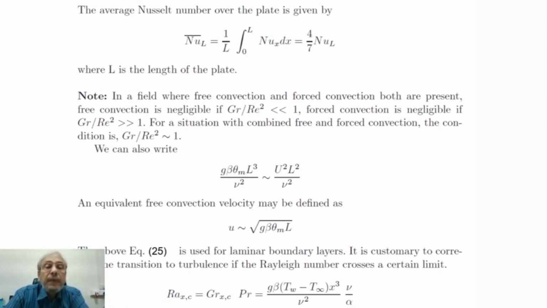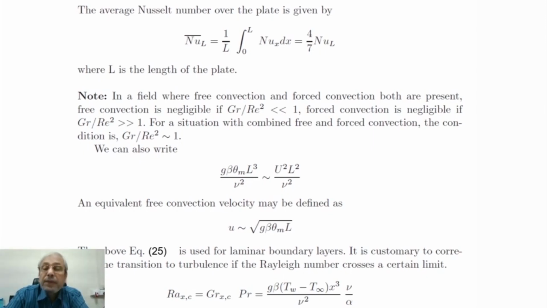Now, in a field where free convection and forced convection are both present, free convection is negligible if Grashof number by Reynolds number squared, where Reynolds number arises out of forced flow, is much less than 1.